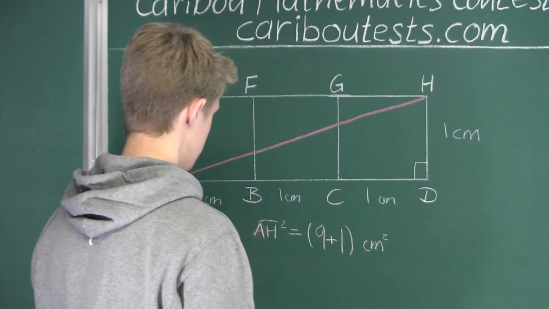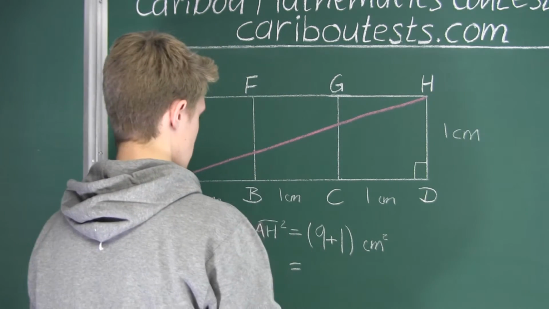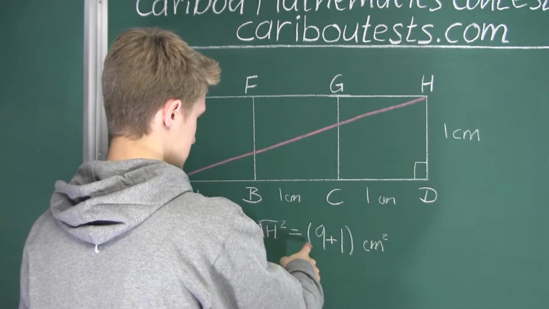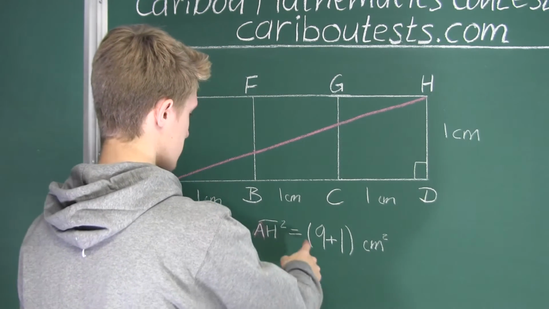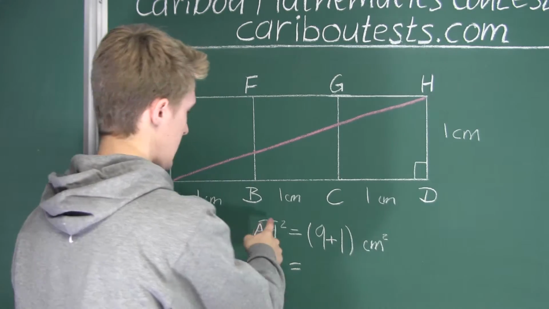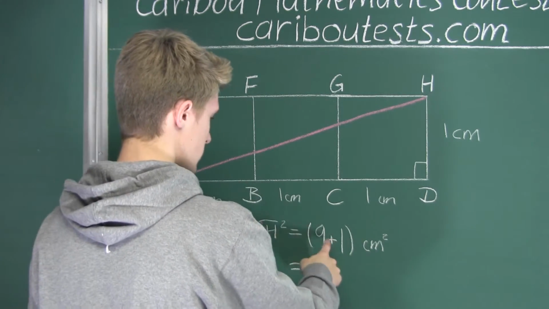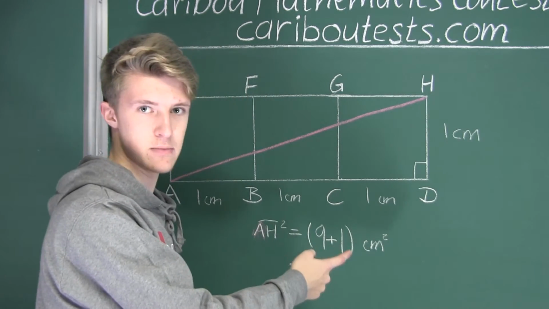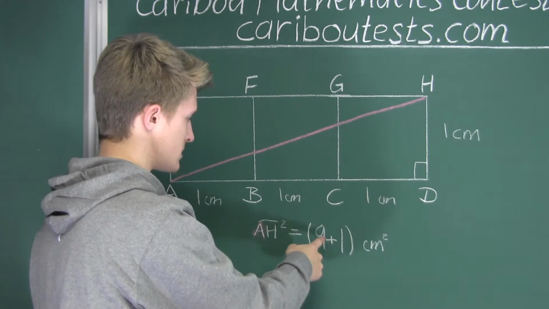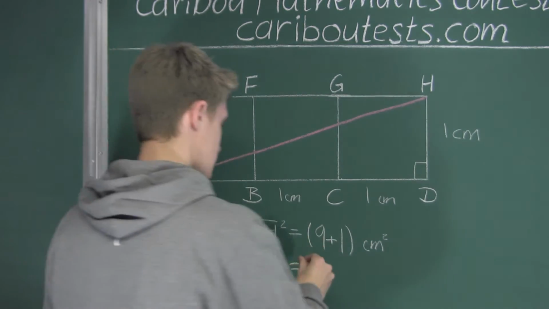So this is equal to 10 centimeters squared. But now we want to find just the line AH. We don't care what it is squared. So we have to find the square root of the right side, and of course the square root of centimeters squared is just centimeters, and 9 plus 1 is 10, and 10 is not a perfect square, so we must just put square root of 10.